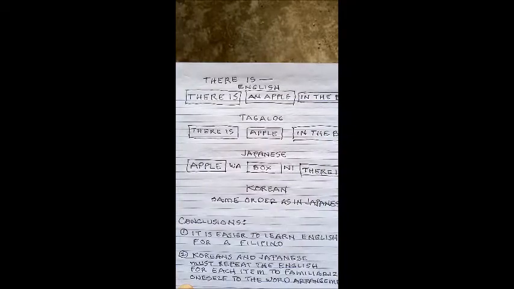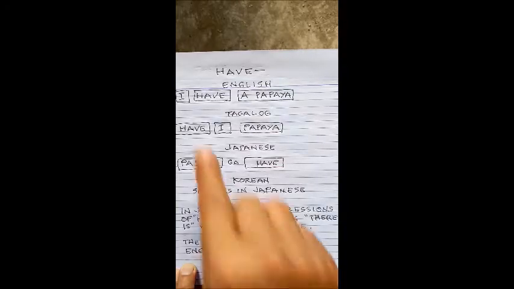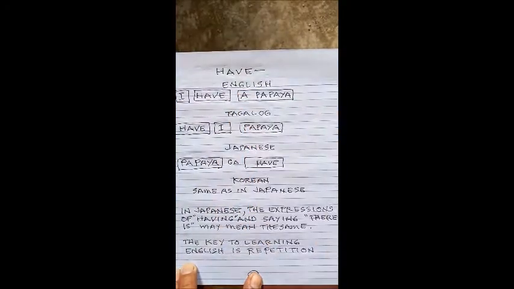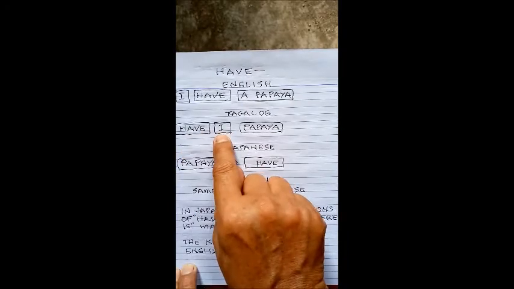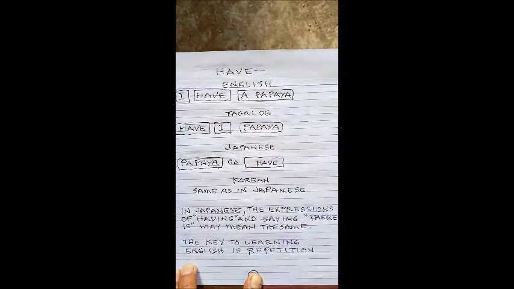Something like that. Here I'm showing you have. In English, we can have an example like, I have a papaya. In Tagalog, the arrangement is have I papaya. Meron akong papaya.